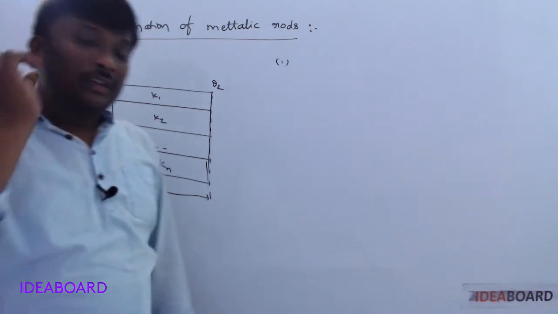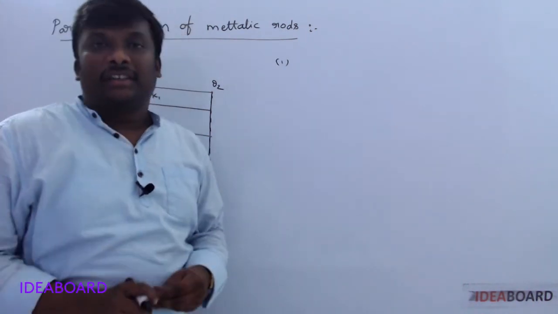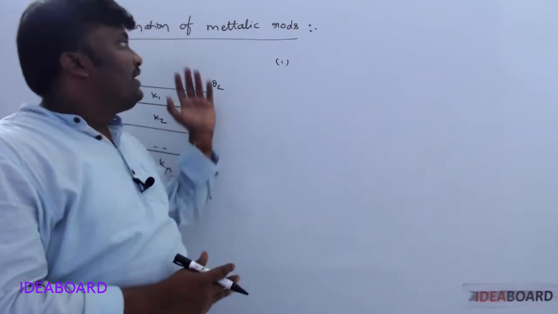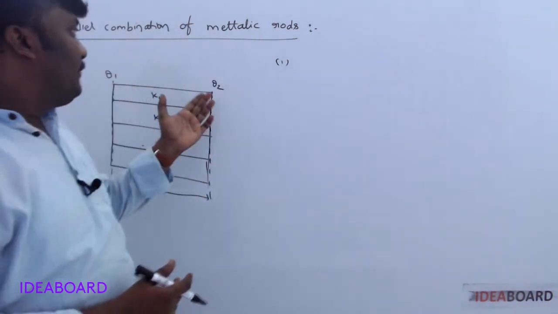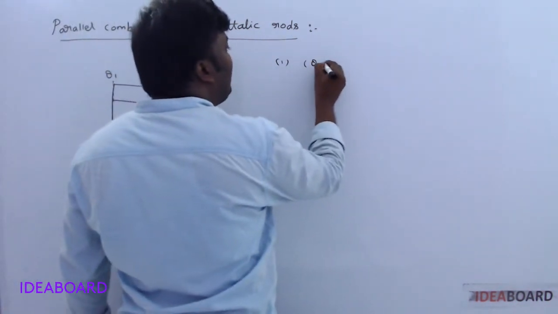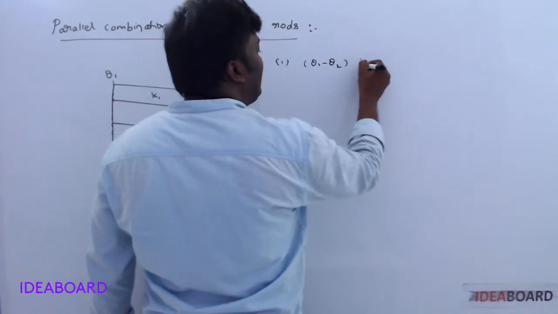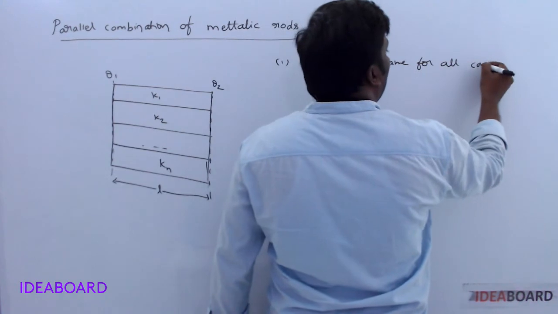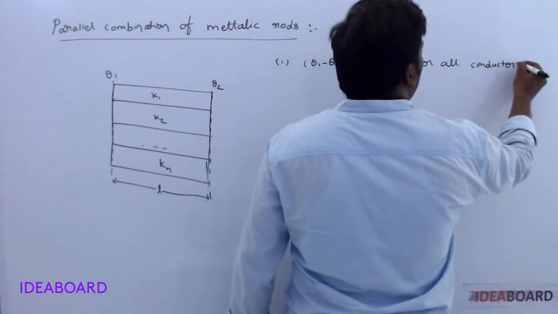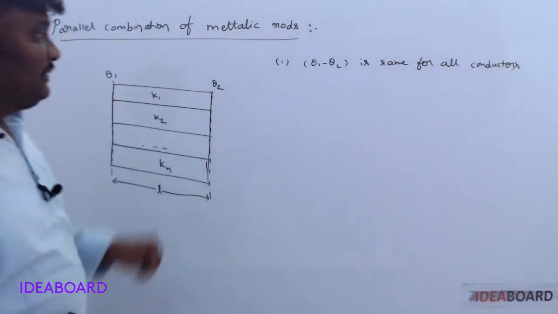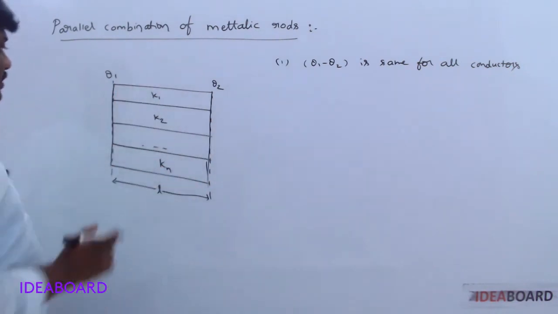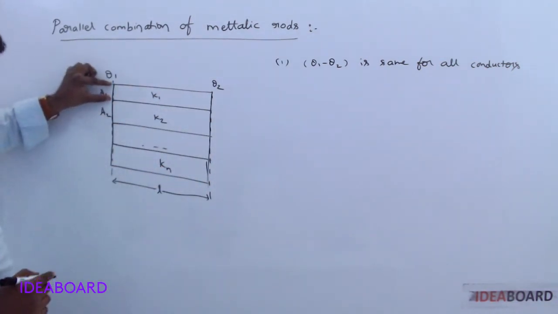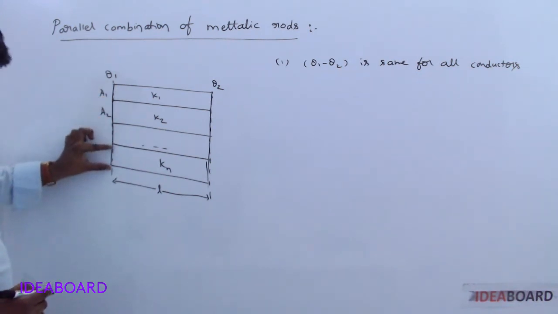In current electricity, parallel combination means the potential difference remains constant. Potential difference is analogous to temperature difference here. So the temperature difference is the same for all conductors. That is the most important point in parallel combination. The areas will change: here A1, A2, up to AN.